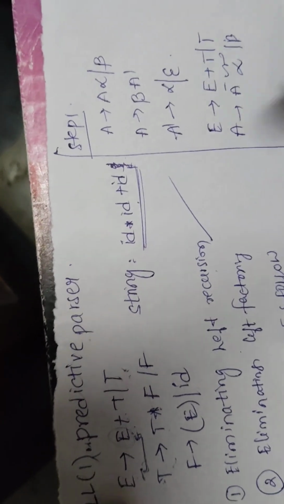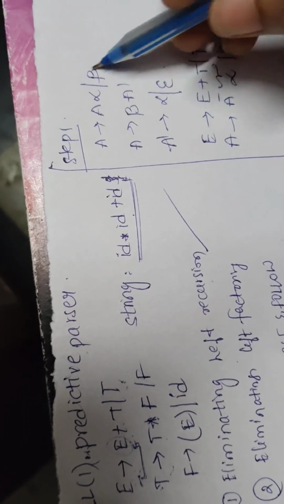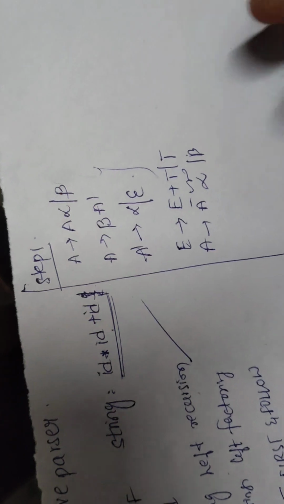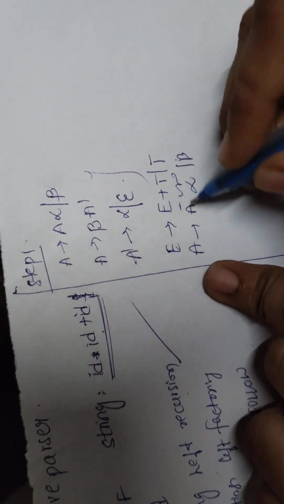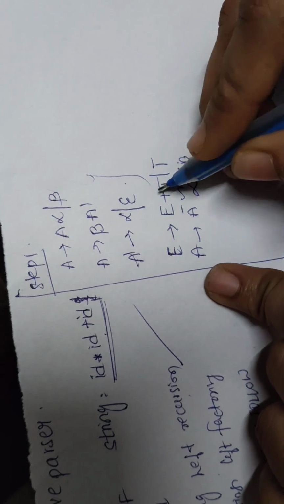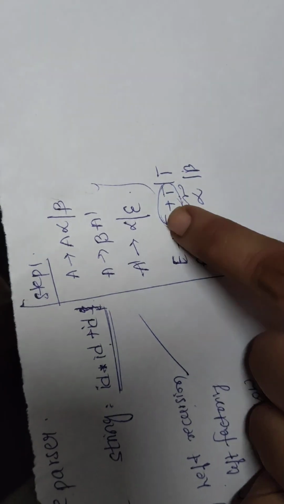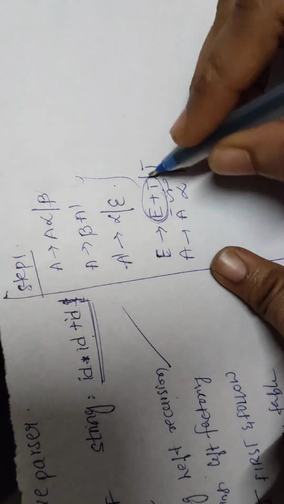Now let's follow this method, or we'll just keep a trick in mind. So what is the trick? First, leave this one aside for a while since it has left recursion, and write the remaining production.